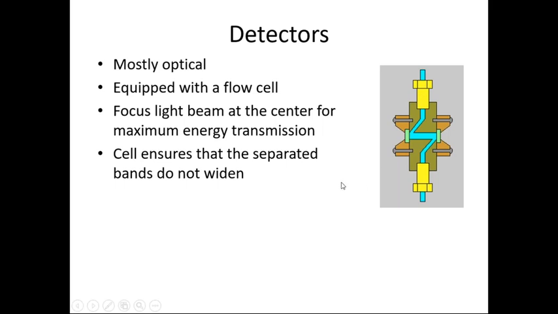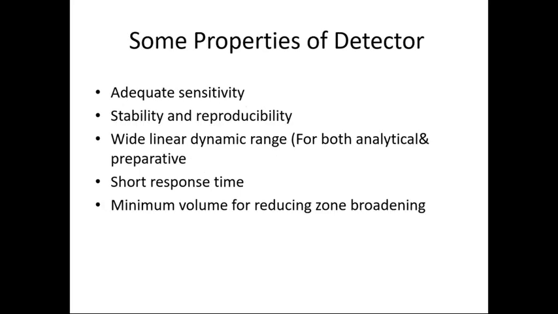The only difference between these online detectors and UV visible spectrophotometers is that here the detection is online and it uses a flow cell. So the sample will be flowing through the cell, and it is not stagnant like the cuvettes that we use in a UV visible spectrophotometer.